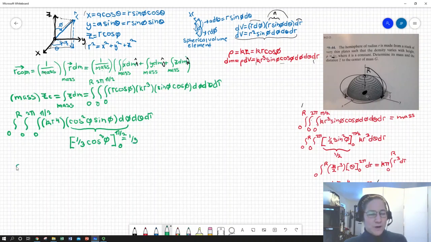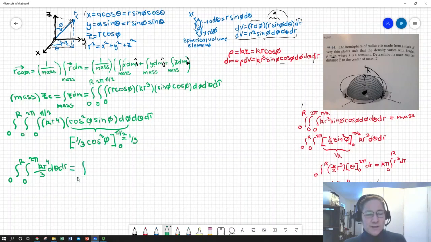So that should allow us to write this as the integral from 0 to r, integral from 0 to 2 pi of k r to the 4th over 3 d theta dr. So this whole phi term ended up being 1/3 when we evaluated it over its limits of integration. We have no terms that are dependent on theta, so it's just a constant.